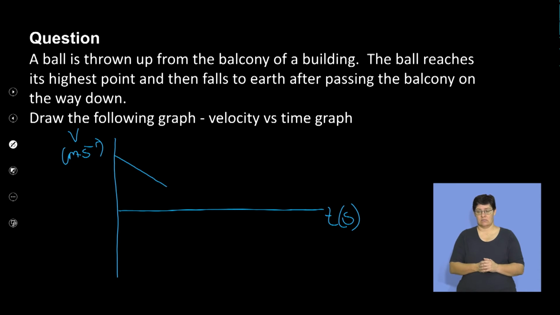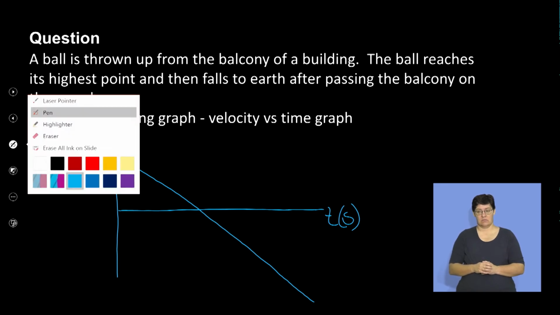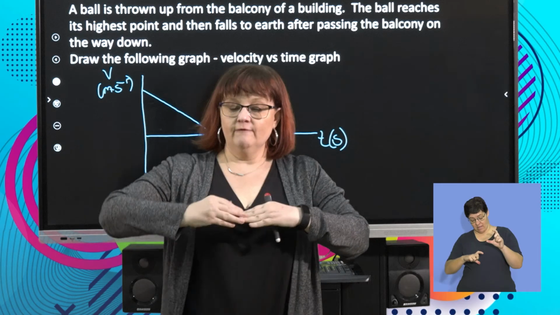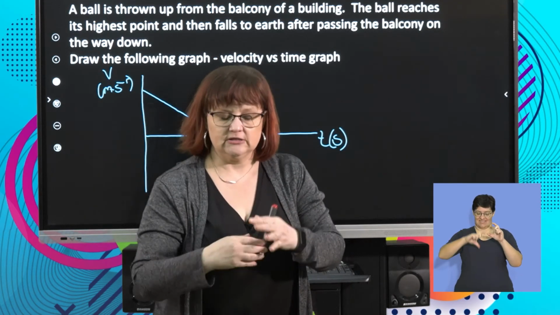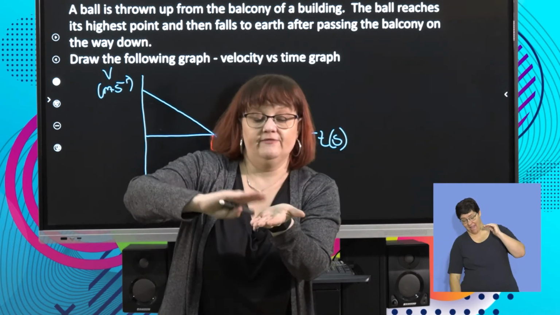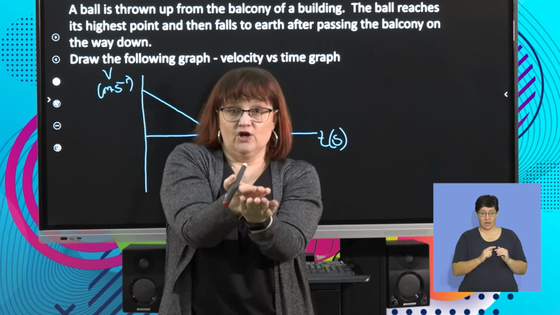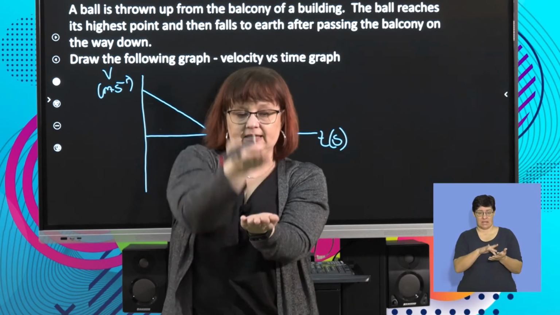Here we go. Crosses the time axis, but the second part of the graph must be longer than the first part, because it went further than when it started. So we've already done the fact that if it goes up and comes down to the same place, the velocity is the same when it leaves and gets here.